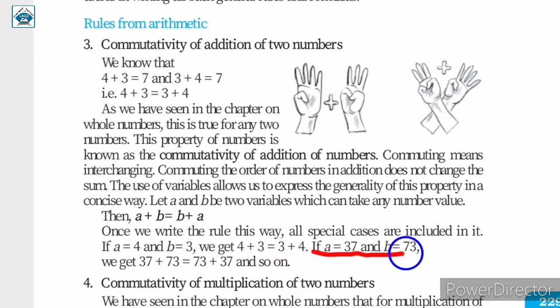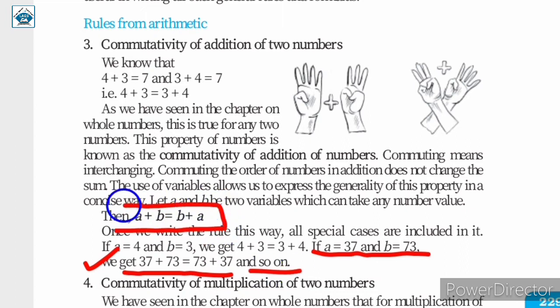Also, if A is equal to 37 and B is equal to 73, then we get 37 plus 73 is equal to 73 plus 37 and so on. यानी कि यहाँ पर ये जो है we have the rule in general. So this was commutativity of addition of two numbers, and when we took two variables A and B which can take any number value.